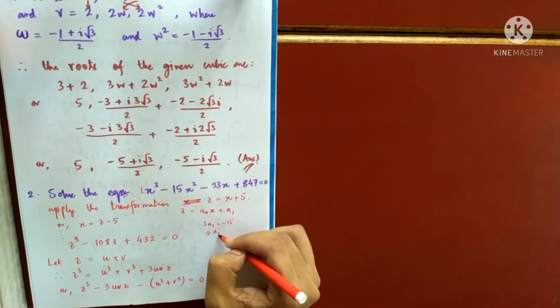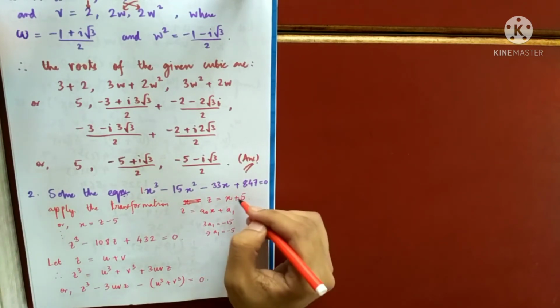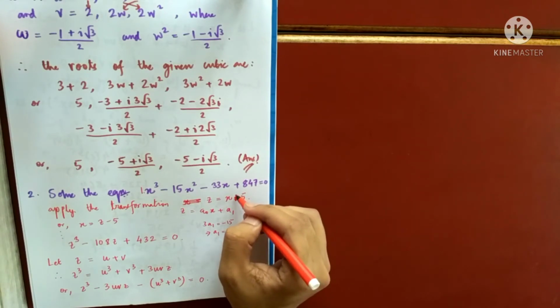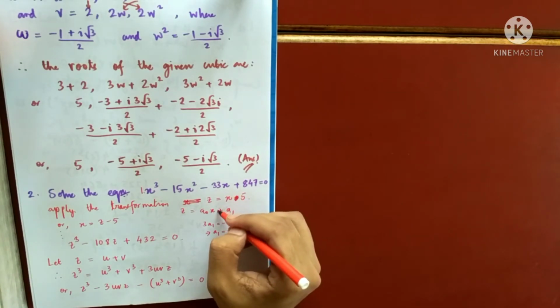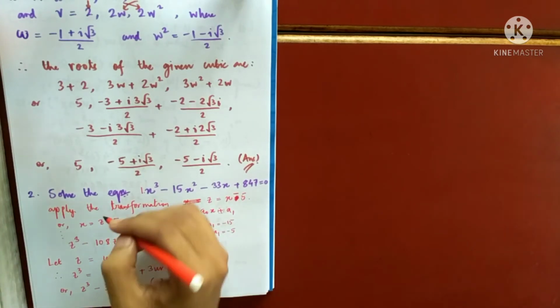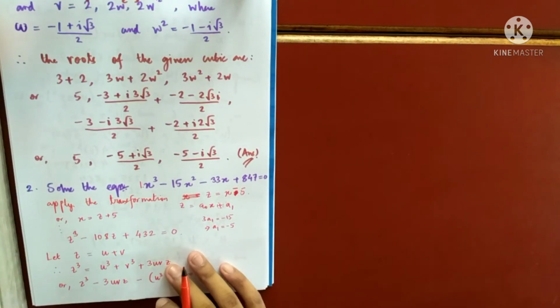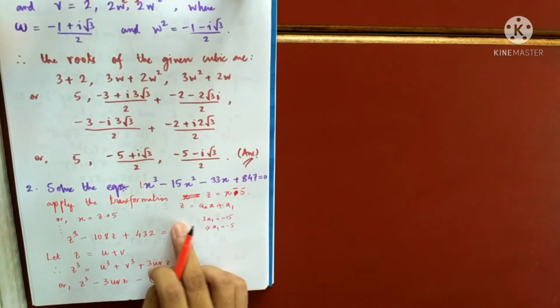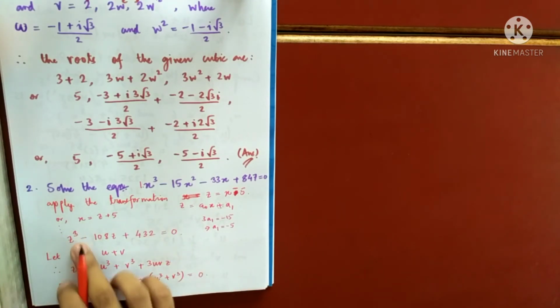So a1 will be equal to minus 5. I have written minus 5, but the transformation has a plus here. So x equals z plus 5. But don't worry, this is the right equation because I copied it.